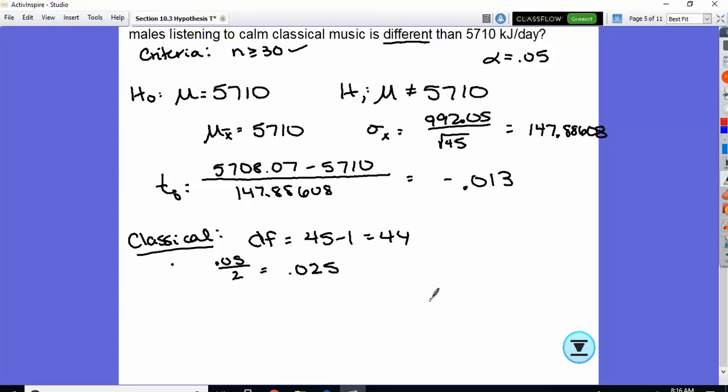So we're looking at 0.025 and 44 degrees of freedom, which the closest we can get is 40. So our t-value is, if you read from the table, 2.021. Okay, but it's two-tailed. That's the t-value up here. What would be the t-value down here? Negative. So we could put plus or minus. And again, that's only because it's two-tailed.